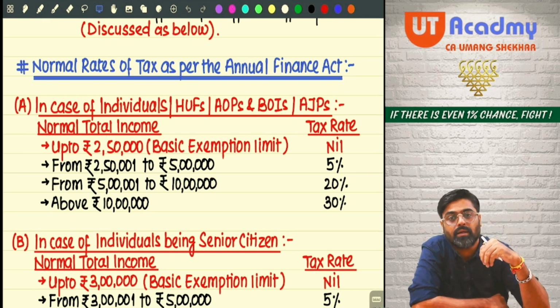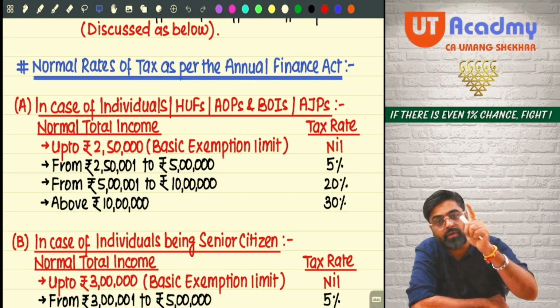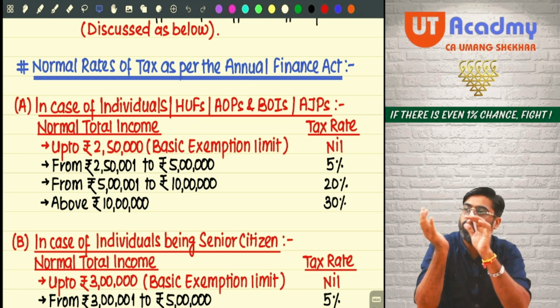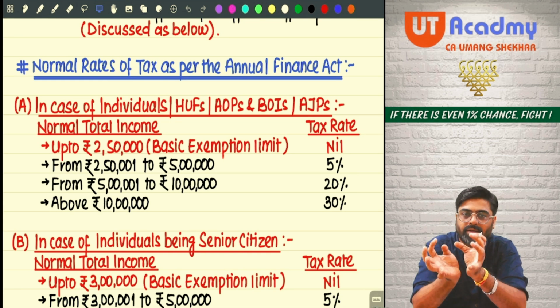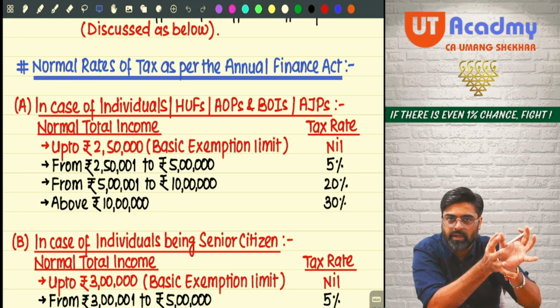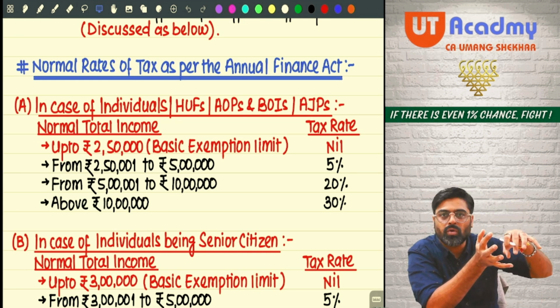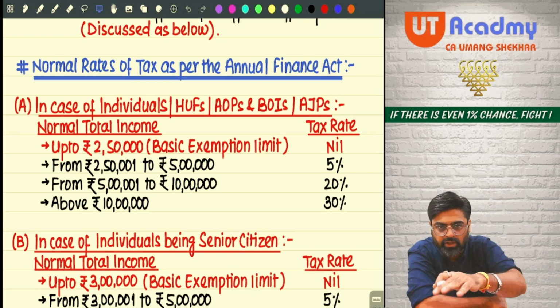So there are slabs which are given for the taxability of your normal total income. So you are supposed to take your total income. Out of that, your normal total income is divided into these 4 slabs.